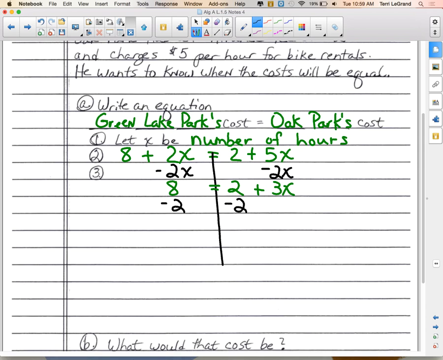So the side that has 2 things on it, let's work with that side. So we have 8 take away 2, 6. And then divide that by 3. And then x equals 2.